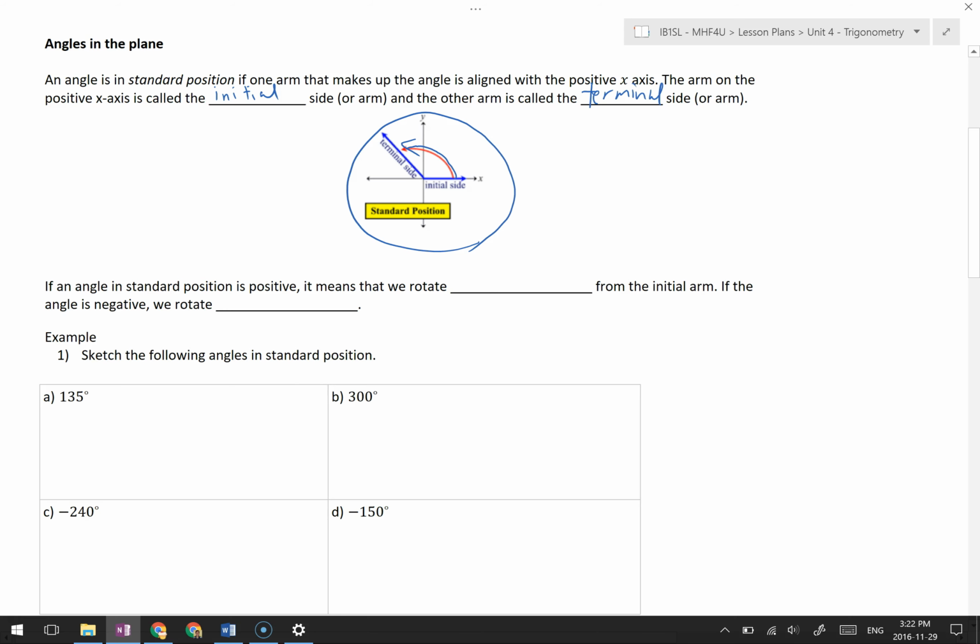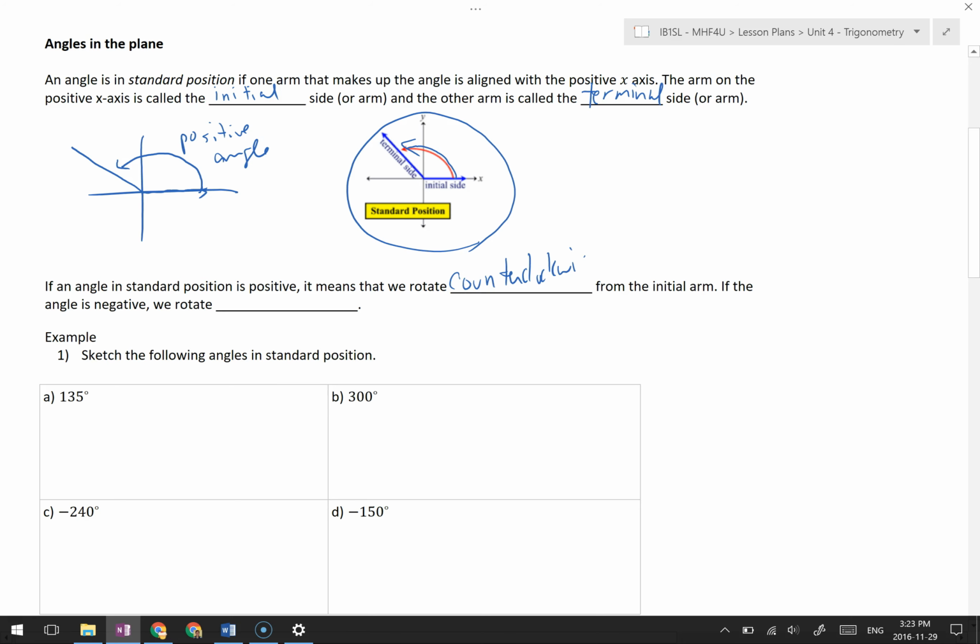If I give you an angle in standard position and it's positive, it means we rotate, which direction is positive? Counterclockwise. We rotate counterclockwise from the initial arm. So this would be a positive angle.